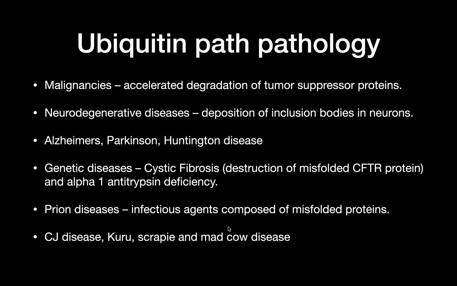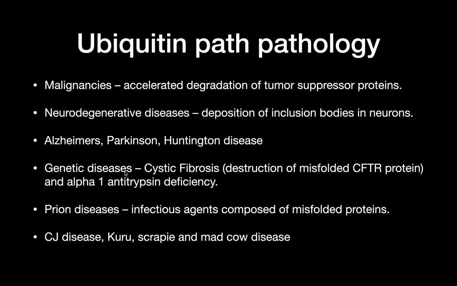So the ubiquitin pathway pathology: malignancies happen when ubiquitin is too active because it will degrade the tumor suppressor proteins. And in neurodegenerative diseases, it's not working as well. So it can't clear away the inclusion bodies, and it causes diseases such as Alzheimer's, Parkinson's, and Huntington's.